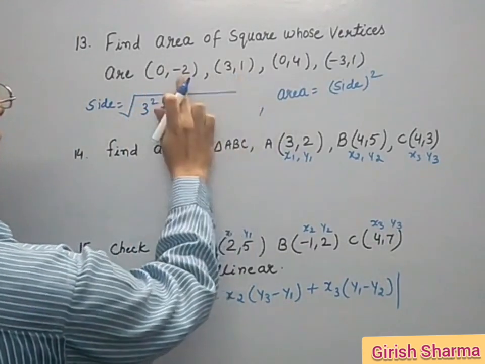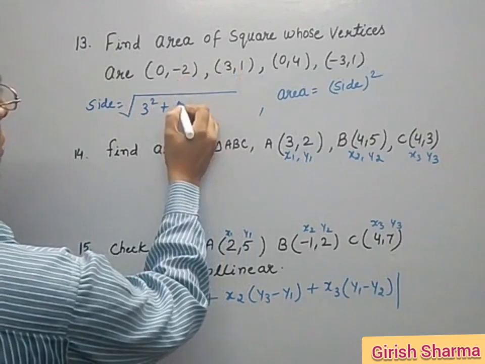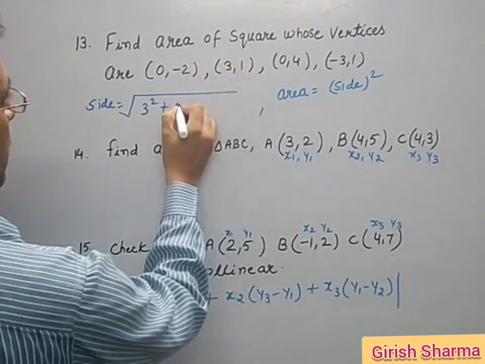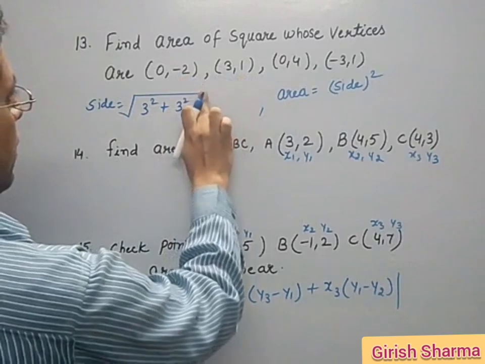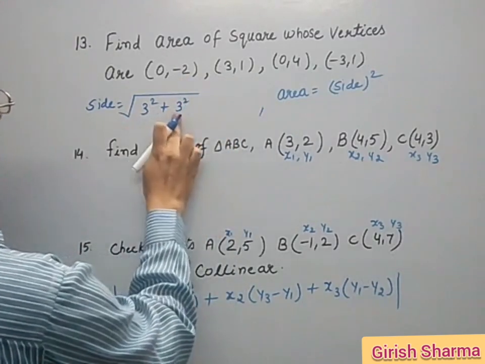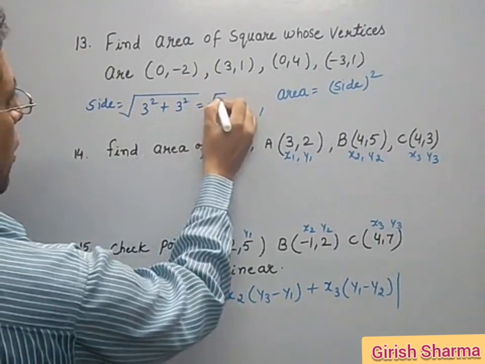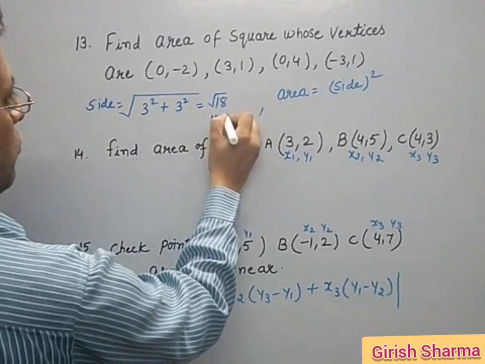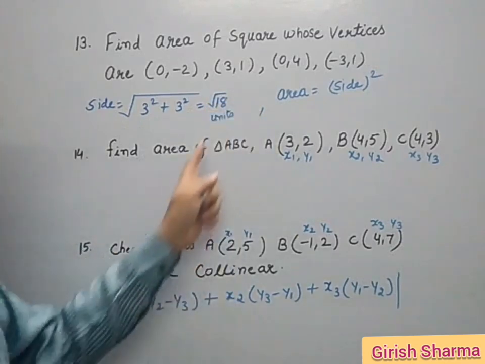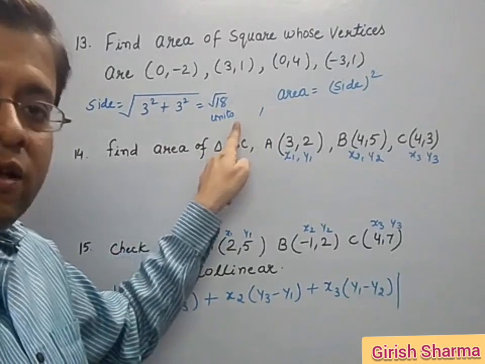Then 1 plus 2, that is 3 square. That is 9 plus 9, 18. Under root 18 units is your side.